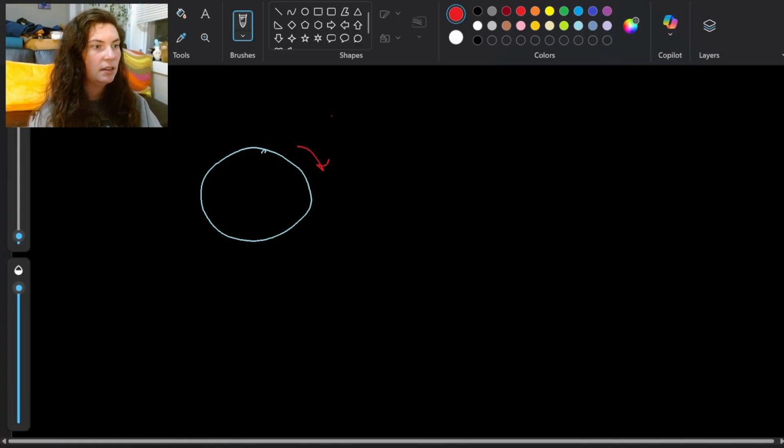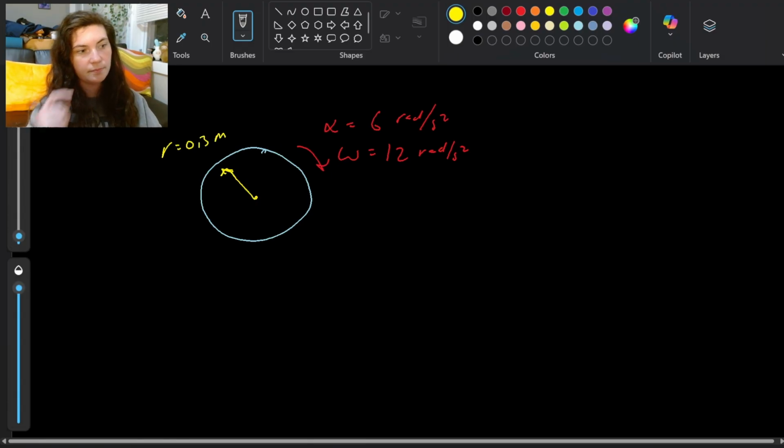It has an angular acceleration of 6 radians per second squared, and in the same direction an angular velocity of 12 radians per second, and this thing has a radius of 0.3 meters. Let's say we wanted to find the acceleration of this point A at the top here. So what is the acceleration of A?